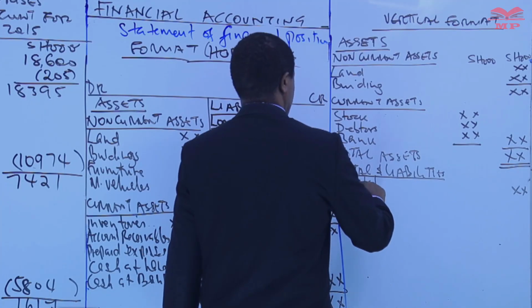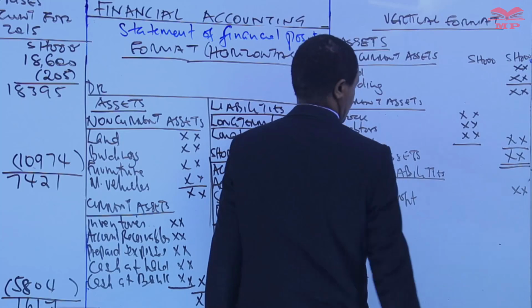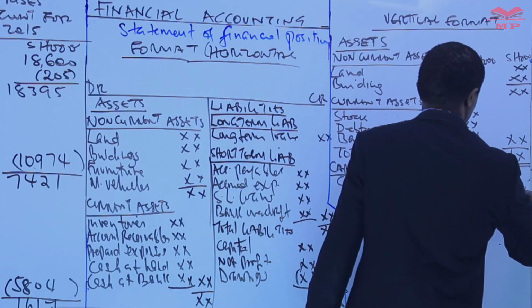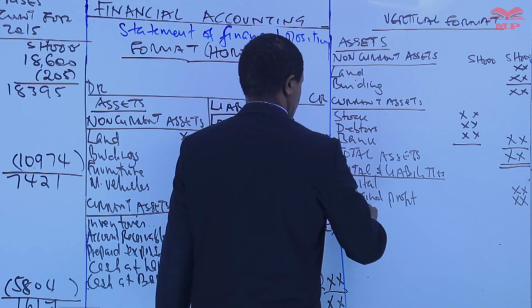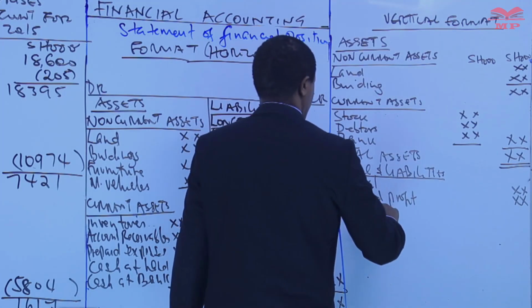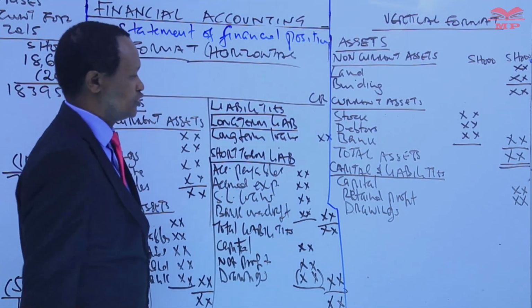Retained profit or net profit, we add it to the capital. If there are drawings, they represent the money or goods that the owner takes from the business for own use.